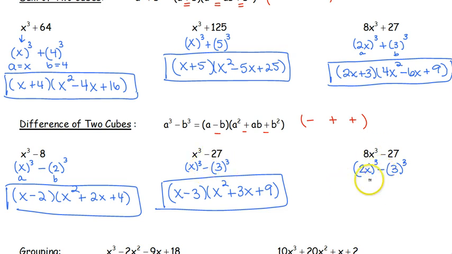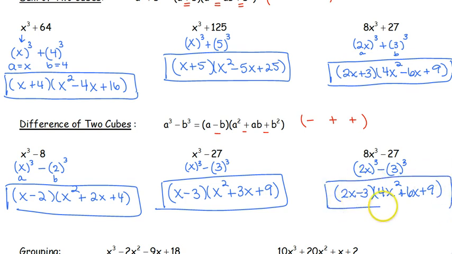So we have a minus b, so 2x minus 3, a squared, 2x times 2x is 4x squared, plus a times b, which is 6x, plus b squared, which is 9. And again, we see that the only difference in the formula is where the positives and minuses lie. The numbers are going to be exactly the same. Alright, that's our second new type of factoring.